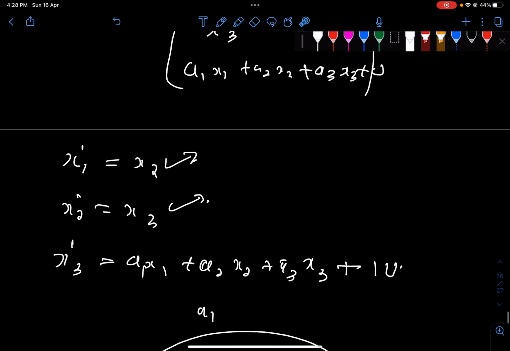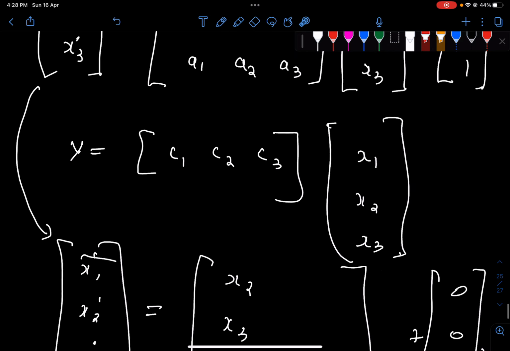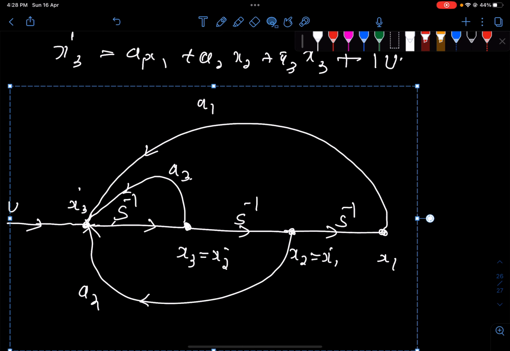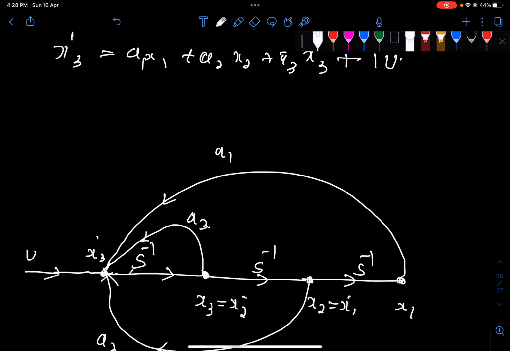And next, what is the output? The output is just this matrix multiplied by this matrix, that is c1 times x1 plus c2 times x2 plus c3 times x3, right? So y equals c1 x1 plus c2 x2 plus c3 x3.